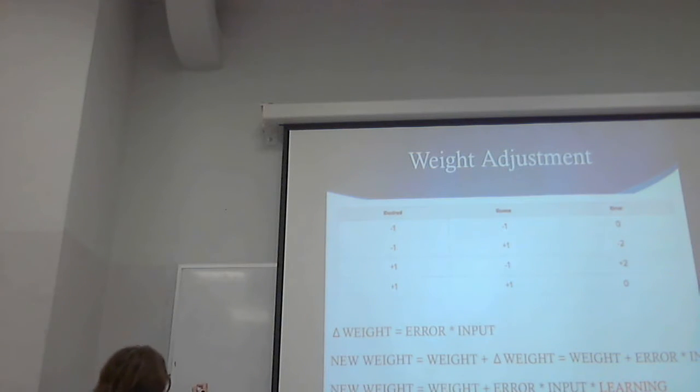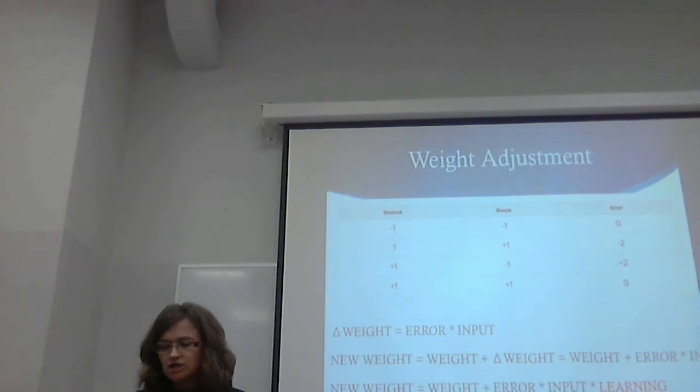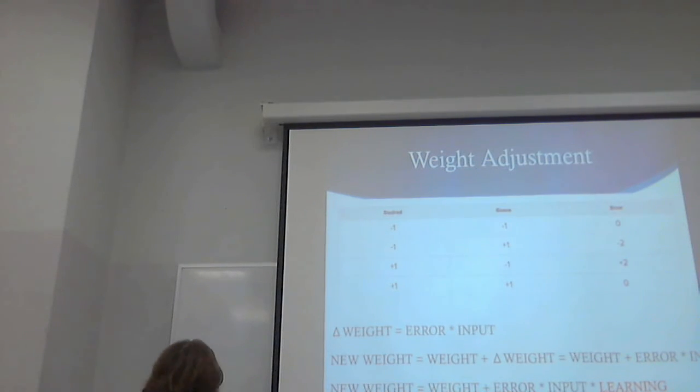For example, if I have a weight of 5, what would be my next iteration if I'm wrong? So with weight 5, I have 5 multiplied by x1 plus 10 multiplied by x2, and I'm wrong.